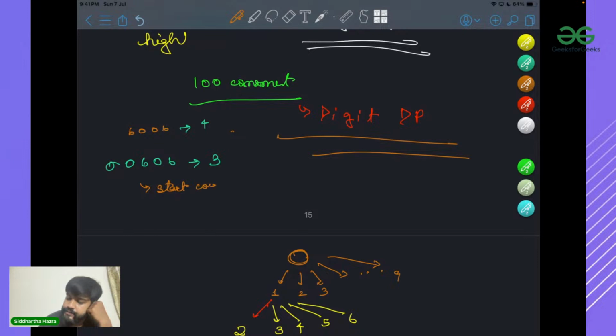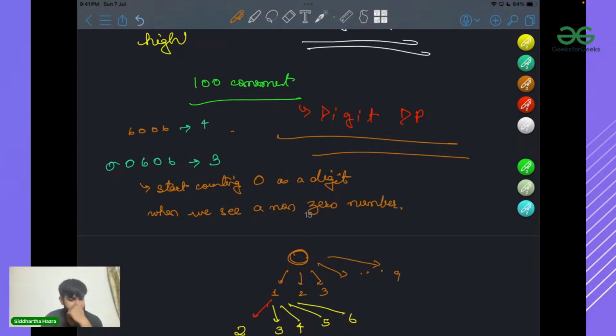Start counting zero as a digit when we see a non-zero number. Okay, start counting zero as a digit when we see a non-zero number. Simple enough.